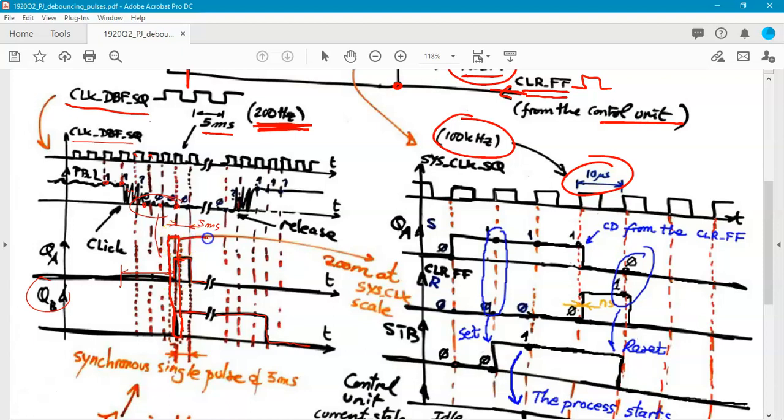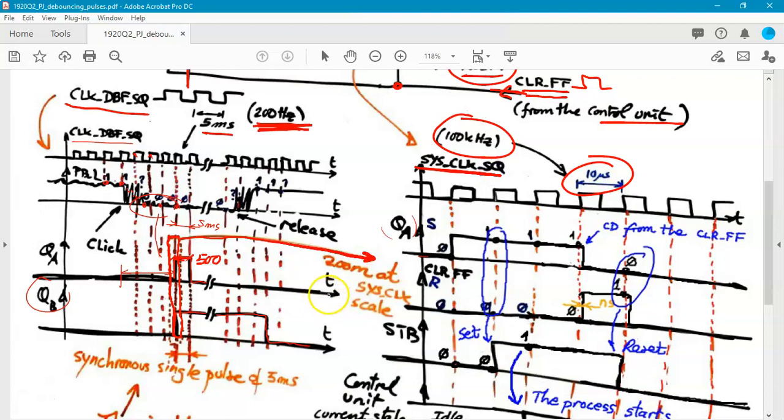So you can zoom this specific time, and now consider the situation of this QA. This setting of QA from 0 to 1, you can consider that from the perspective of the system clock, right? That's the point. So in principle, QA is stated to last 500 pulses of the system clock.